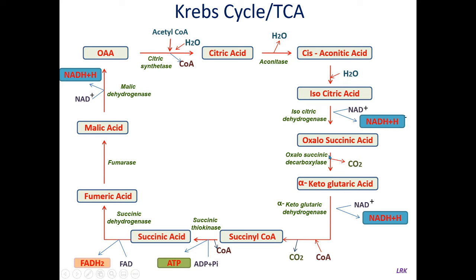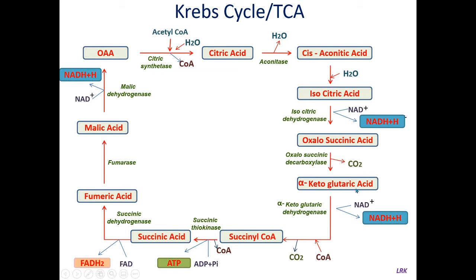The four oxidation reactions are: one between isocitric acid and oxalosuccinic acid, one between alpha ketoglutaric acid and succinyl coenzyme A, one between succinic acid and fumaric acid, and the last between malic acid and oxaloacetic acid. A total of four oxidation reactions and two decarboxylation reactions. This is the first decarboxylation reaction, where oxalosuccinic acid undergoes decarboxylation in the presence of the enzyme oxalosuccinic decarboxylase. One carbon dioxide is released from the six carbon compound, and it forms the five carbon alpha ketoglutaric acid.